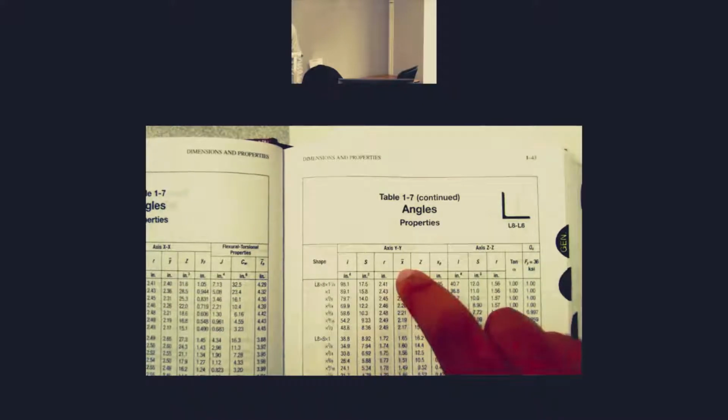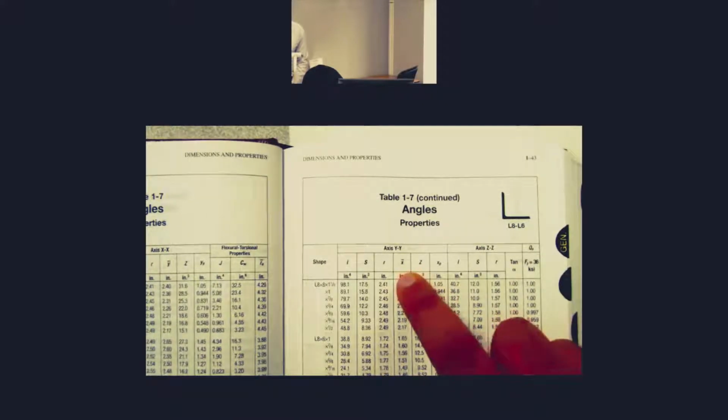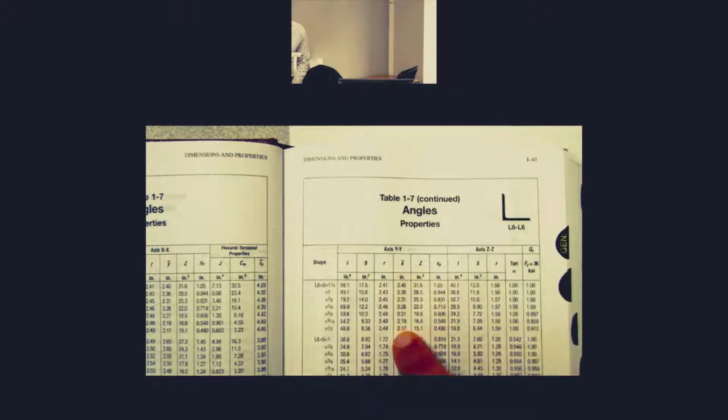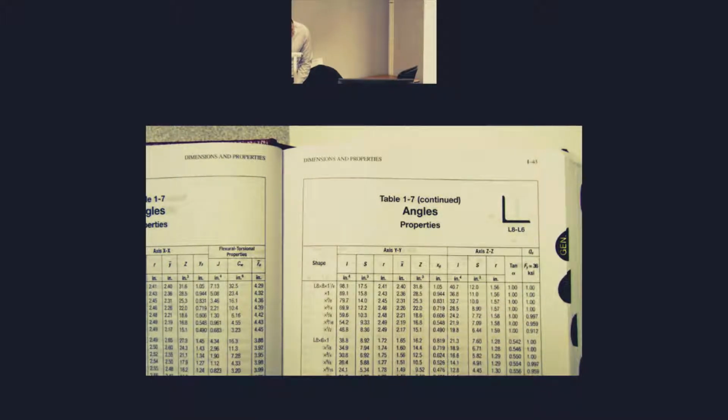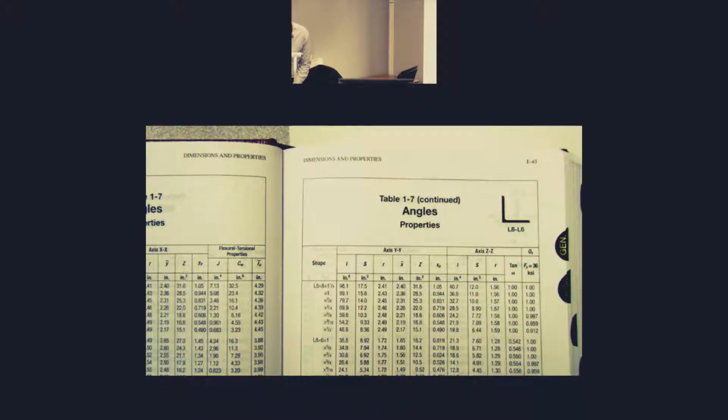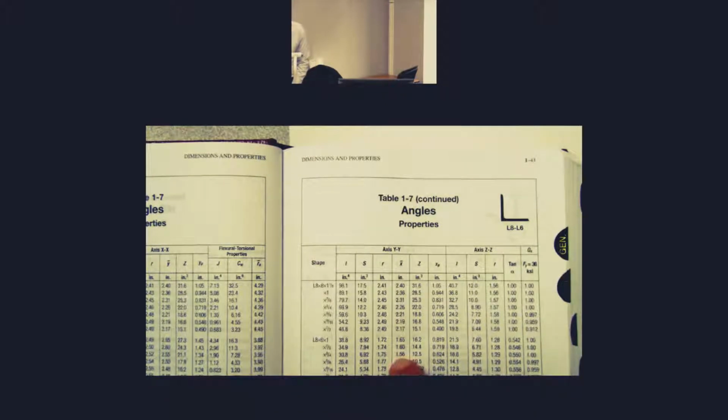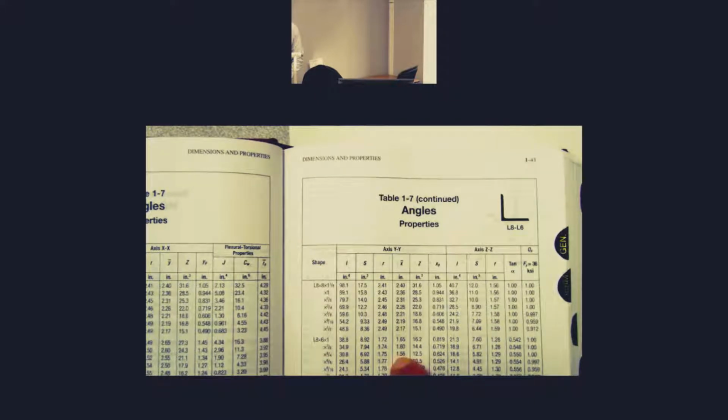And its value is 0.9, no. How much? Yes, 1.56. I was going for the 8 by 4 by 1. No, yeah, 8 by 6, so it's 1.56 here.